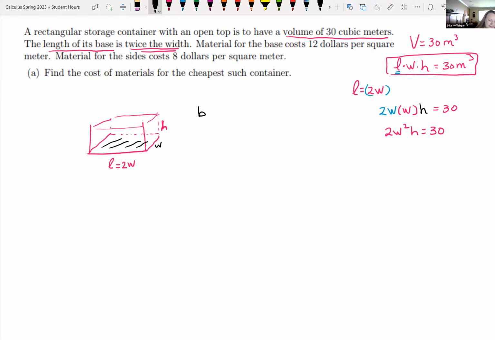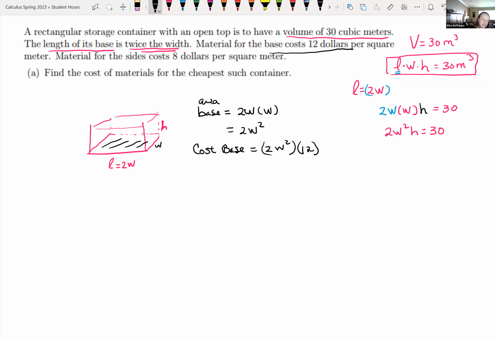So the area of our base is 2W times W, or 2W squared. And it tells me that the cost for the materials of my base is $12 per square meter. So the cost of the base is equal to 2W squared times $12.